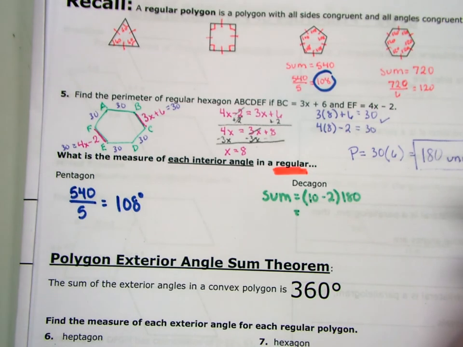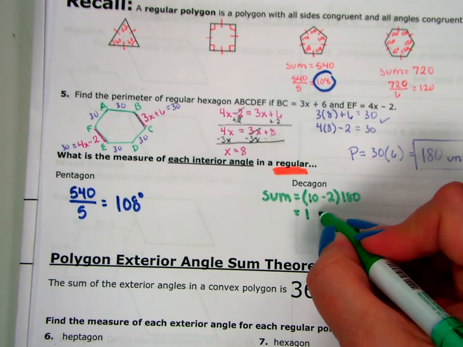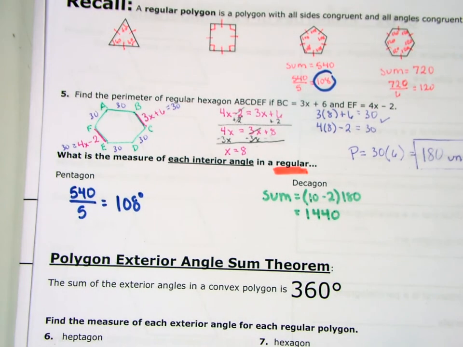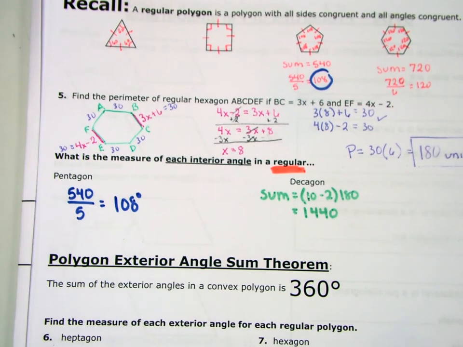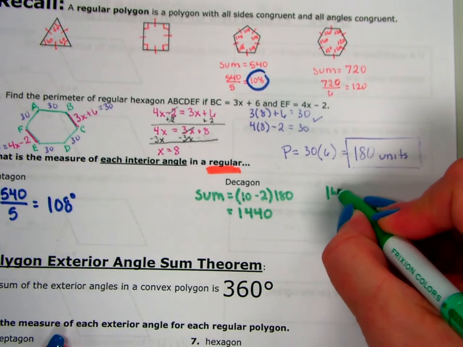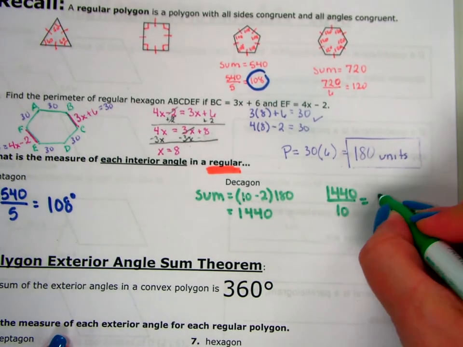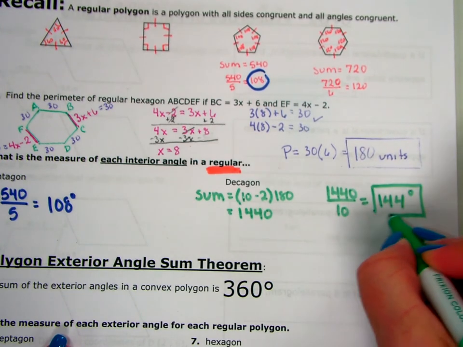How much? 8, yeah. 8 times 180? 1,440. So all 10 angles in my decagon are going to add up to 1,440. If it's regular, so all 10 angles are going to be equal, how do I figure out each angle? Divide. So 1440 divided into 10 equal angles. Each angle is 144 degrees.